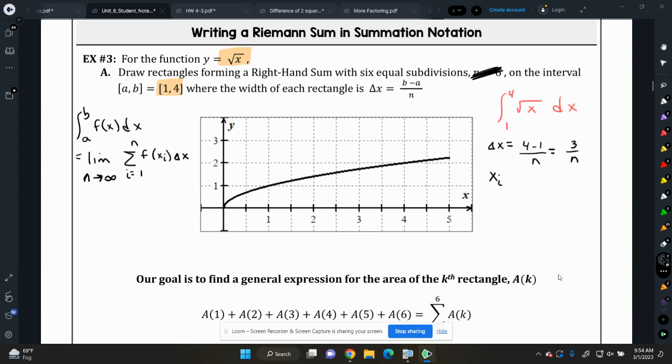Okay, so we are trying to go to this form from the integral form. So we need to know what x sub i equals. x sub i is a plus delta x i. Well, that means we have a, what's a? 1 plus delta x, which is 3 over n i.